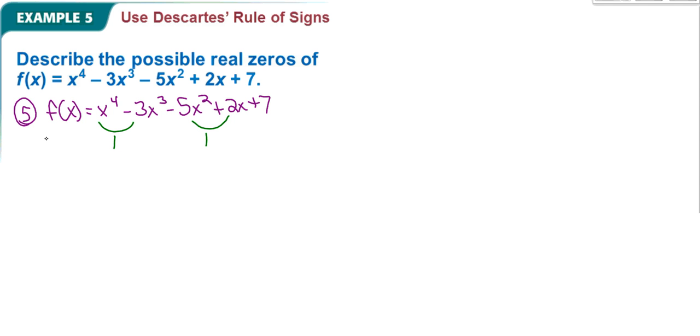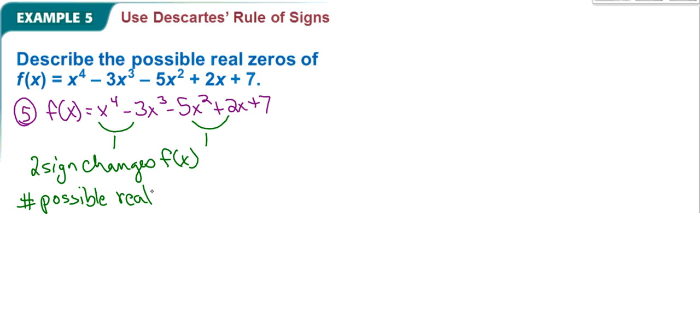So we'll say 2 sign changes for f of x. So the number of possible real zeros, and notice it is real, so it's not just saying rational, they could be radicals and things like that, is 2 or 0.